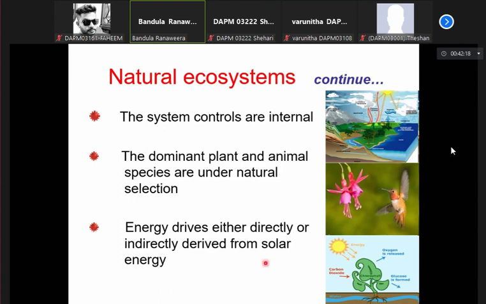There is a list of characteristics of agro ecosystems which I am going to cover later, but for the time being I am just mentioning that in an agro ecosystem, energy is provided artificially, but in a natural ecosystem it is provided from solar rays, so sunlight.